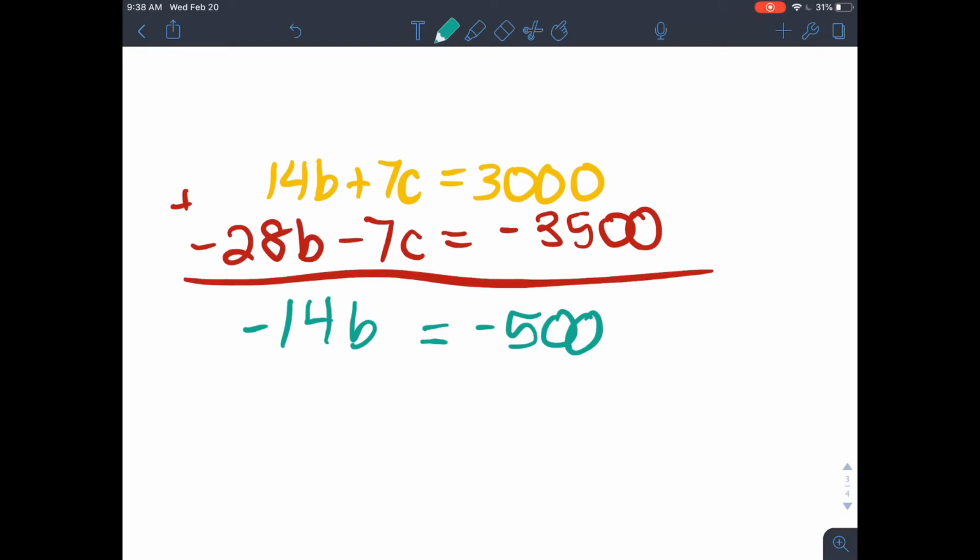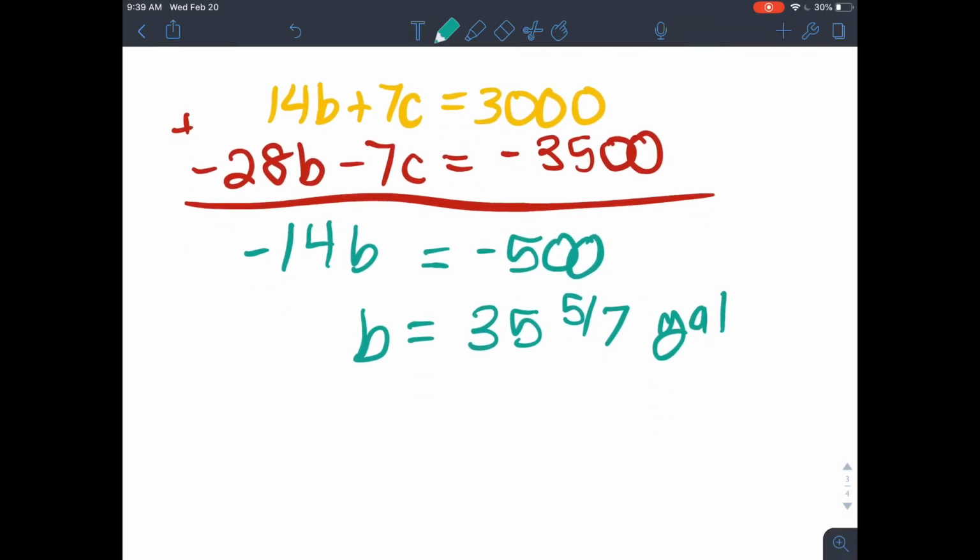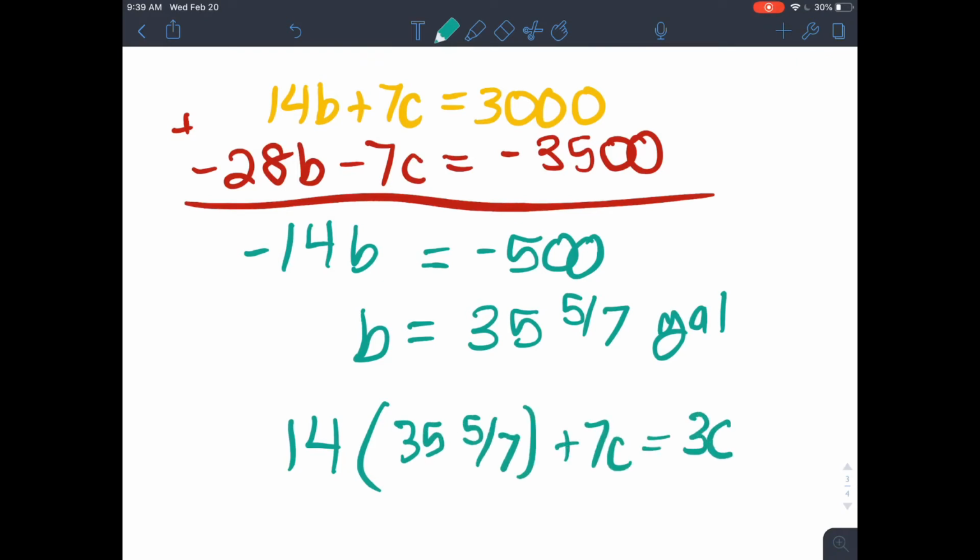The values in this problem don't come out nicely, so it's going to be an ugly number. If you take -500 and divide it by 14, you end up with 35 5/7 gallons of $5 paint that you're using. You could then plug that back in. I'm just going to plug it back into that yellow equation and solve for the amount of paint C that you're using.